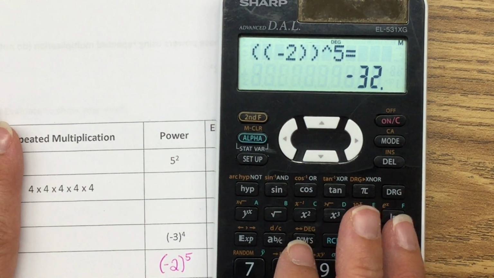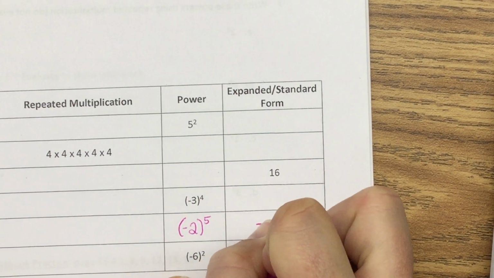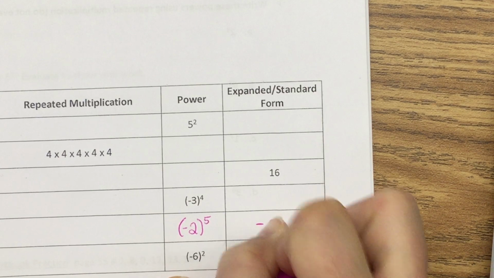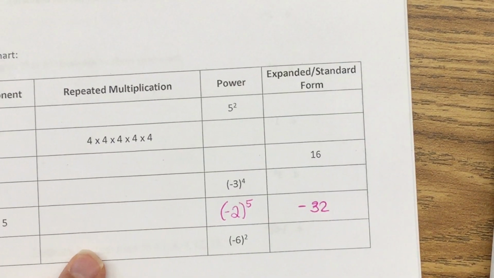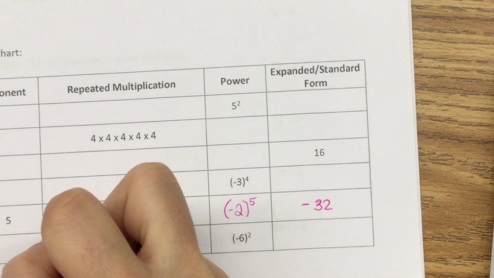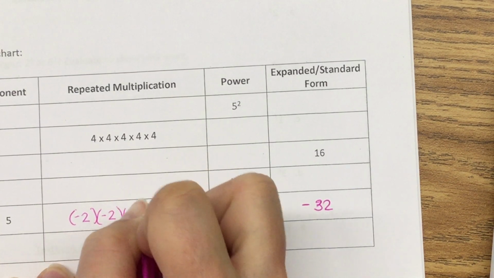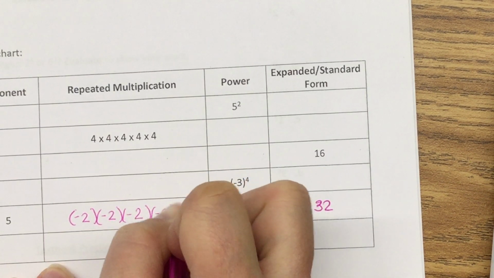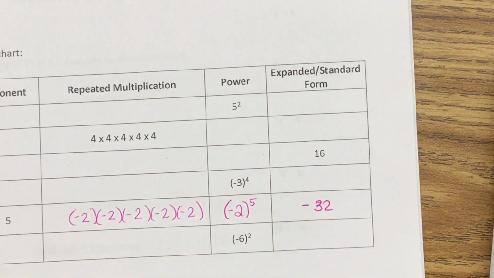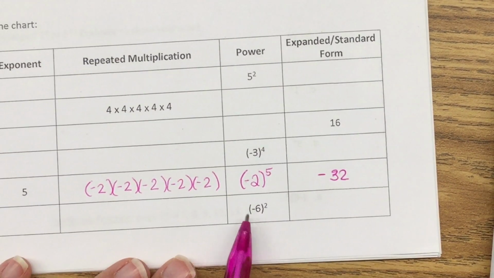And then that gives us a value of negative 32. Okay, and how would we write that out for repeated multiplication? Well, we would have negative 2, 5 times. So negative 2, negative 2, negative 2, negative 2, negative 2. So far so good.